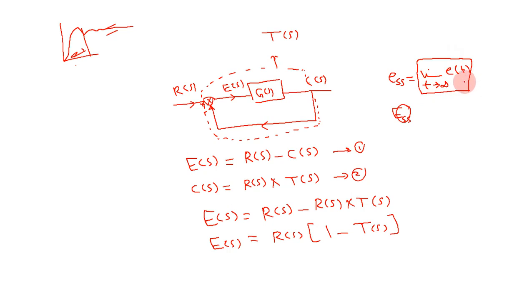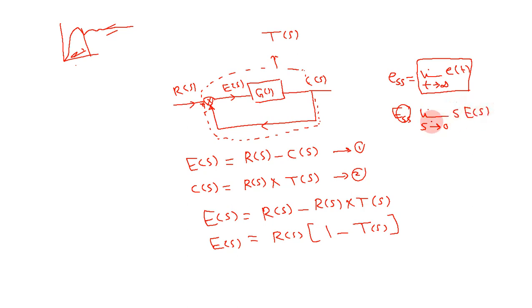If you go back to the tables in chapter 2, which give the relations for the Laplace transform and inverse Laplace transform for different formulas, either for the derivative, for integration, or for the limit and so on, you will find that the limit as t goes to infinity of e(t) gives the limit as s goes to 0 of sE(s).